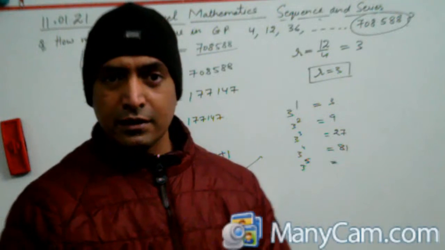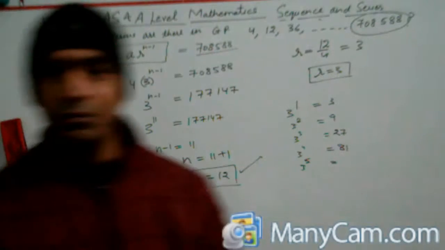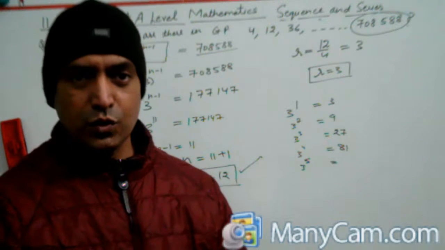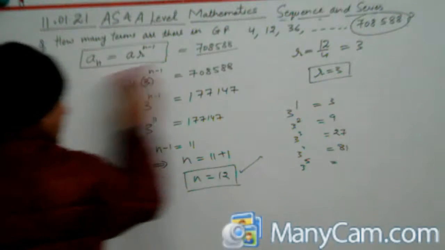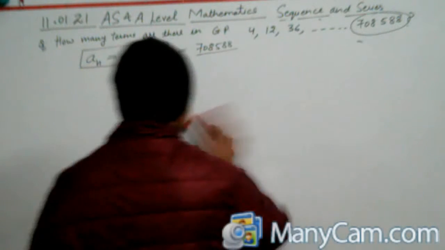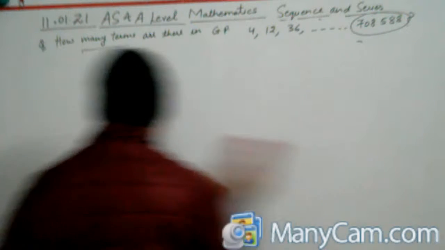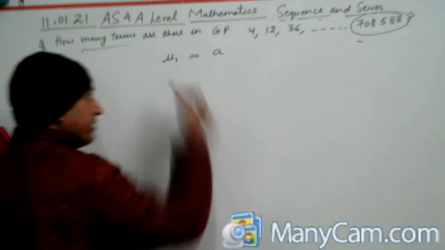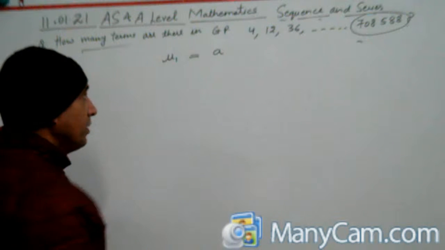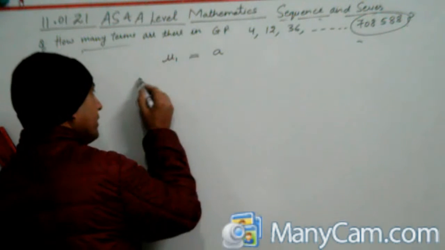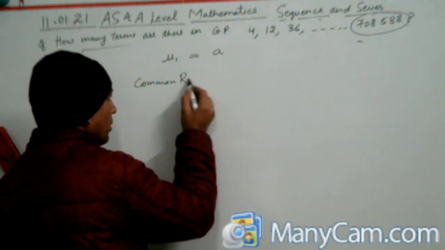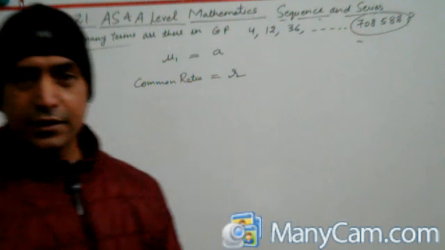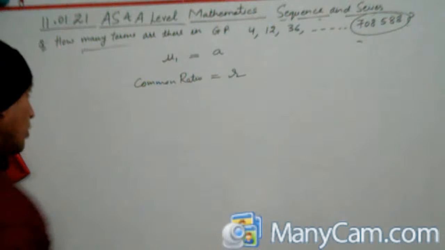So in AP we were discussing the common difference; here we are taking the common ratio. Okay, so let me discuss again. The first term u1 we have denoted with a, that is the first term. And the common ratio is denoted by small r here, right?